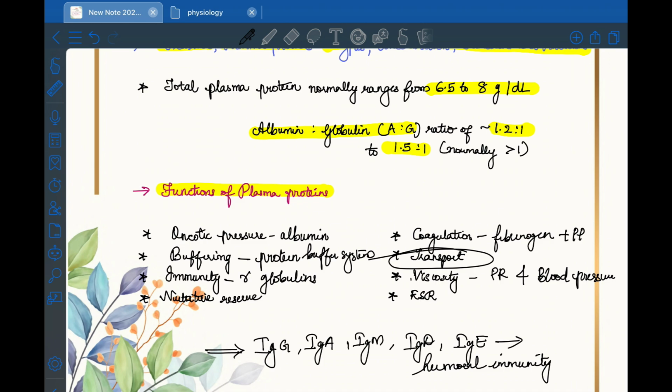It promotes the rouleaux formation and increases the ESR. And albumin opposes it. We'll study about this in detail. So just know that the erythrocyte sedimentation rate is increased by fibrinogen and globulins, and it is opposed by albumin.